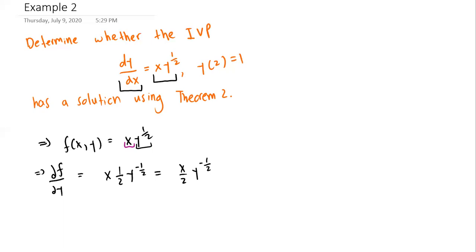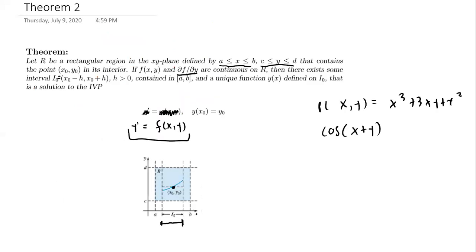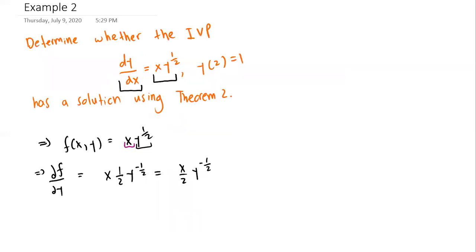Going back here, we're looking for some region R, so some interval about x and some interval around y, for which our functions that we found, f of x, y and the partial of f with respect to y, are continuous.